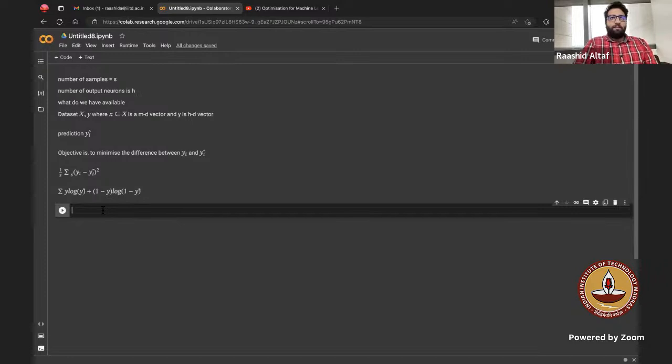What I'm trying to say is that if you have H number of neurons in the output, that does not confine you to one type of cost function.